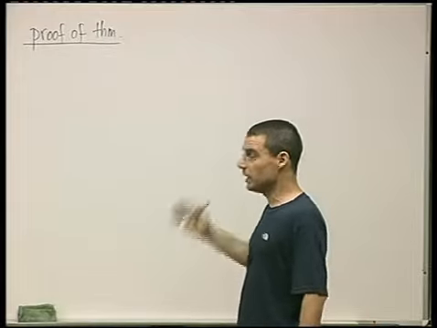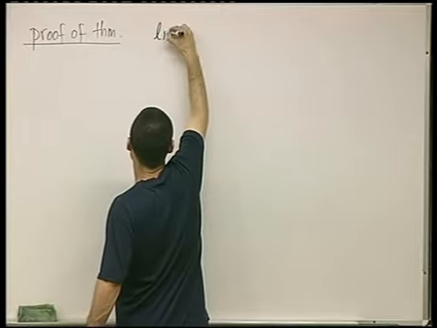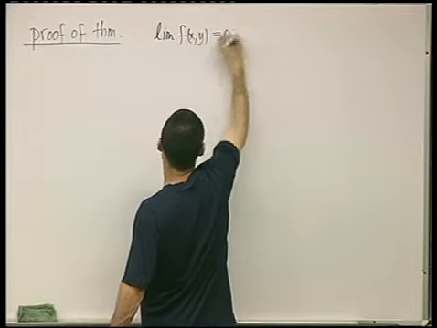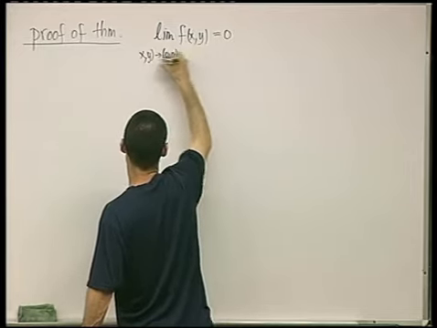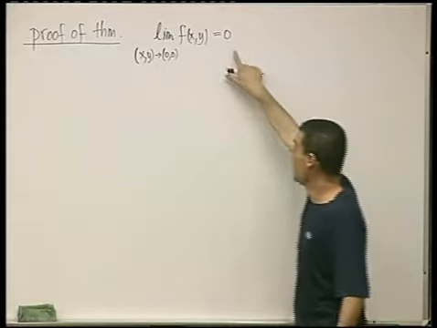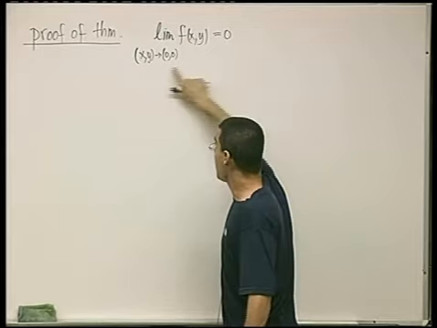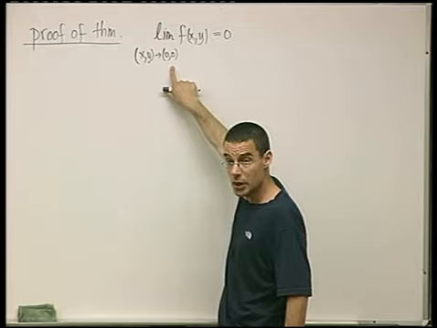I want to prove that the limit of f(x,y) equals 0 as (x,y) goes to (0,0). Let me write what this means. 0 is now what L was in the general definition, and (0,0) here are what a and b were in the general definition.